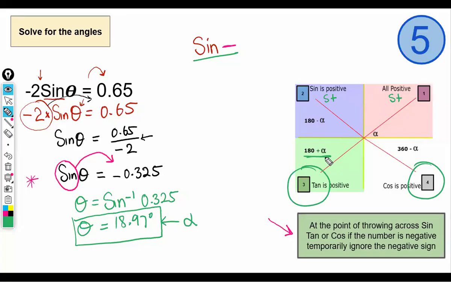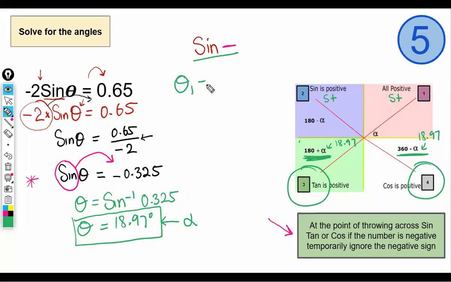So we're using this formula and this formula. It could be 180 plus the 18.97 and then 360 minus 18.97. You just insert an alpha here and alpha here, the formulas in region 3 and 4.